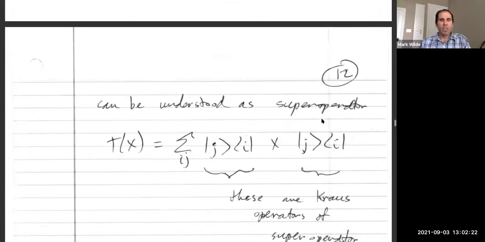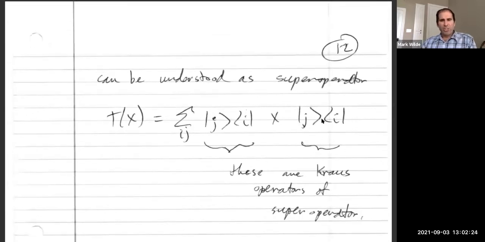And then we're not going to get to it this lecture, but there's something called a superoperator, and it's a linear transformation of matrices. And what we can do is think of the transpose as a superoperator. So I take X and I sandwich it by ⟨i| and |j⟩ on both sides. Okay.